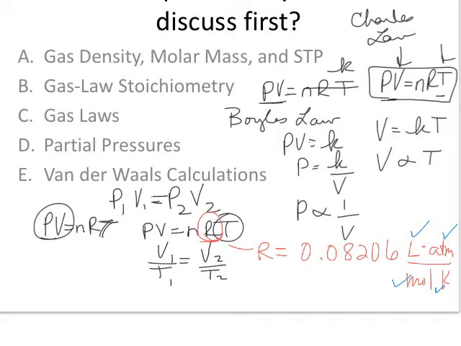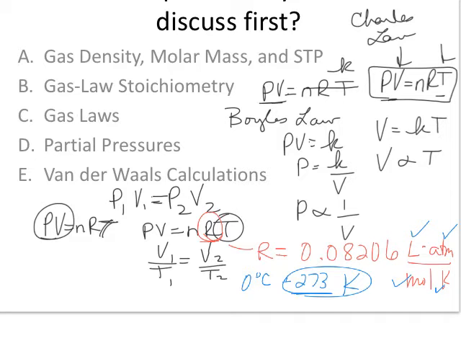A lot of times you'll get something like 0 degrees Celsius, and you're going to have to convert that to Kelvin. So we add 273, and that would be 273 Kelvin. You add 273 to any of your degrees Celsius, and that gives you your Kelvin.